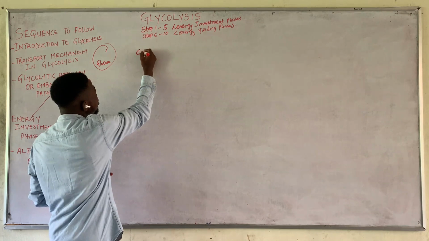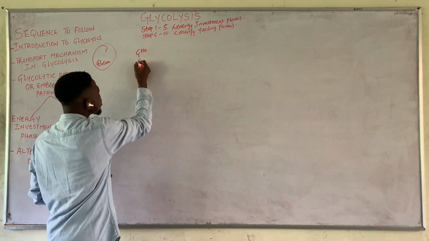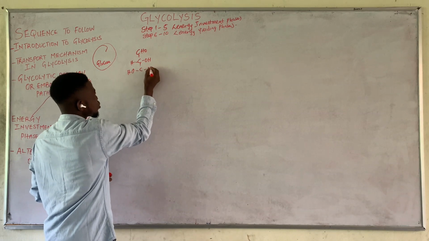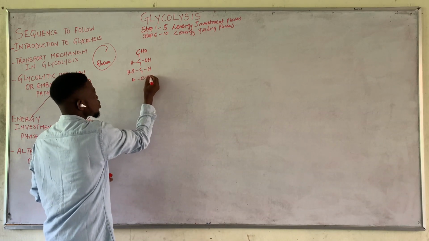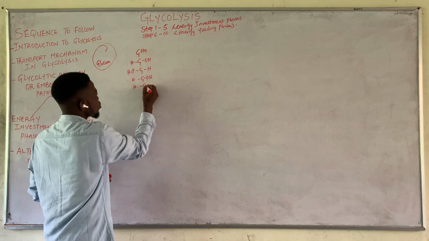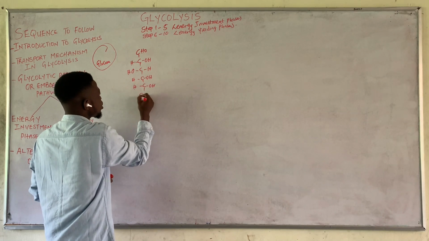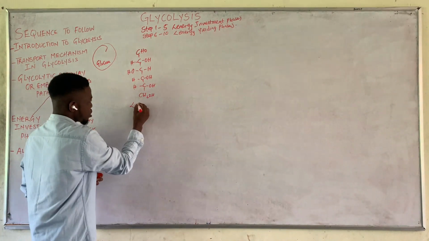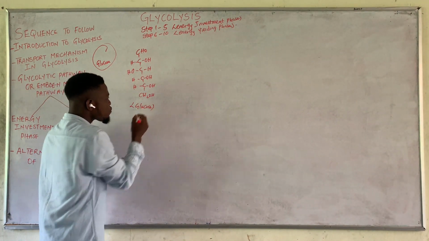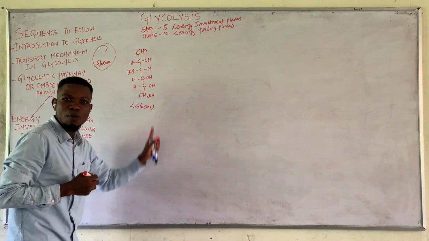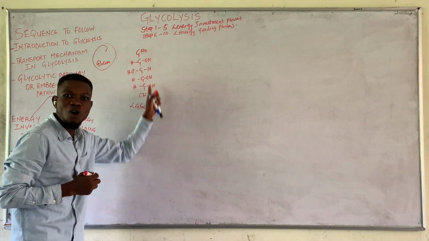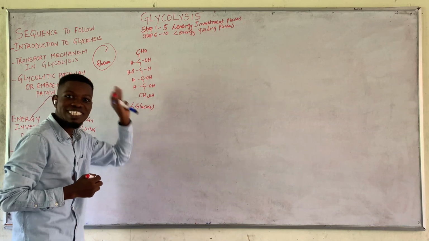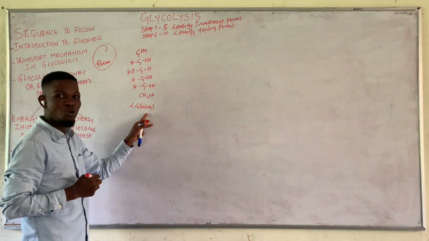So this is CHOH, then CH2OH. This is the structure of glucose. Don't forget that the metabolic action of glycolysis occurs in the cytosol, so everything that I'm doing here occurs in the cytosol of the cell. So this is the glucose now.